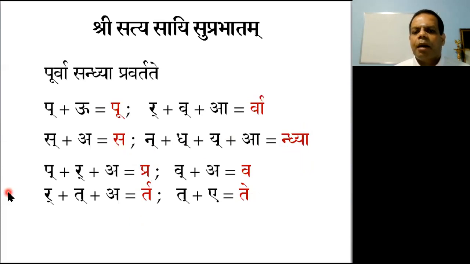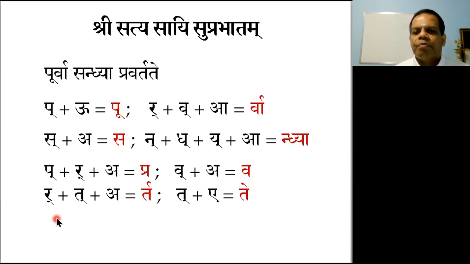The next letter is Pra, which is again a compound consonant. P, r, and a is Pra. I think we have already looked at it before. So Suprabhatam. So we have seen Pra. Next letter is Va. V plus A gives you Va. The next one is again a compound consonant comprising of three letters.